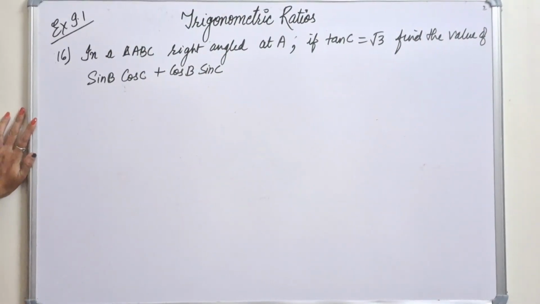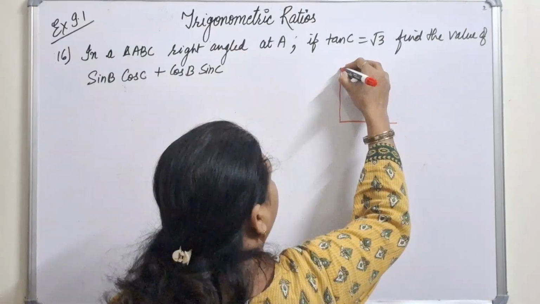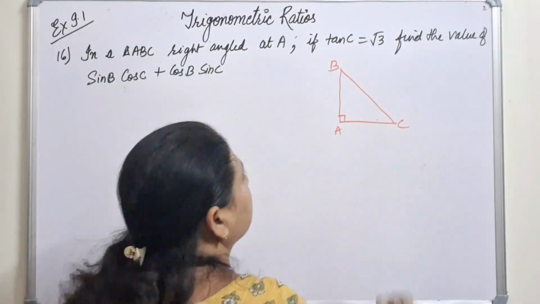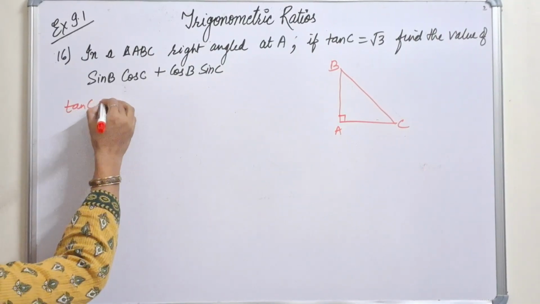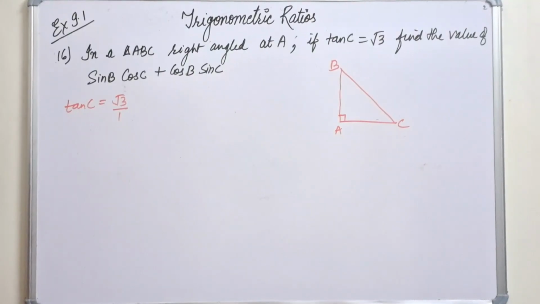See next question. In a triangle ABC, right angled at A. Triangle is right angled at A. So this is B and this is C. Tan C is being given to you as root 3. Root 3 means root 3 upon 1.